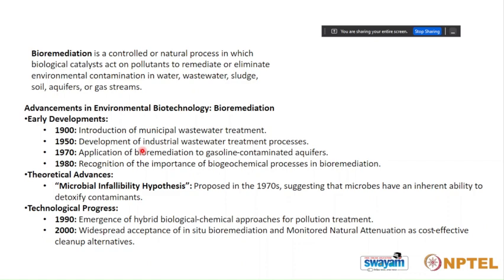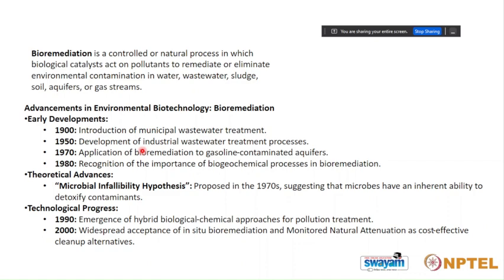So basically in the 1970s, the microbial infallibility hypothesis was proposed, in which it was proposed that microbes have their own ability to detoxify contaminants. And if we observe the technological progress in 1990, the biological processes were augmented with chemical processes for pollutant treatment.